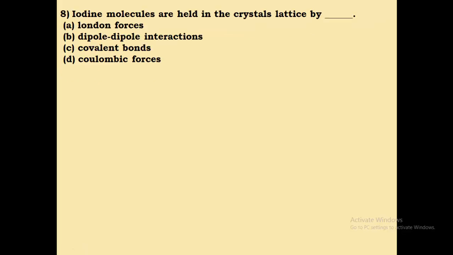Eighth one, iodine molecules are held in the crystal lattice by London forces, dipole-dipole interactions, covalent bonds, or coulombic forces. See, iodine, that means I2, it is a homonuclear molecule. Both are the same atoms, so they have the same electronegativities.